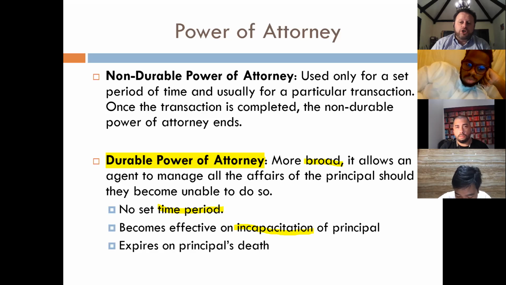Let's say that I have a child and I'm divorced and I want to make sure that my child is taken care of. What happens if I'm in the hospital or I'm in some car accident? So I make a durable power of attorney with Jody, my good friend, that says if I go to the hospital and I cannot answer the phone or make decisions, boom, Jody's in charge of my daughter. It doesn't have to be business.